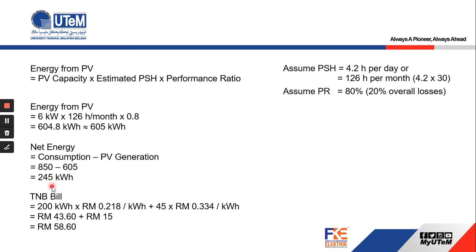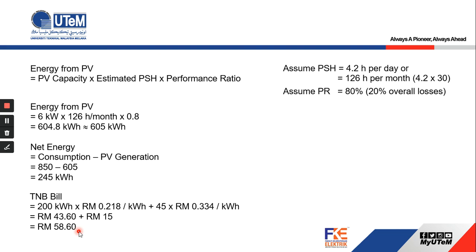And the next 45 kilowatt hour will be charged at the rate of 33.4 cents. So when we multiply and add up, we get a total of 58 ringgit 60 cents. Okay, because this is an assumption, there is a slight difference in the value from the calculator and from our actual calculation. But it's okay because we just want to find the estimation.